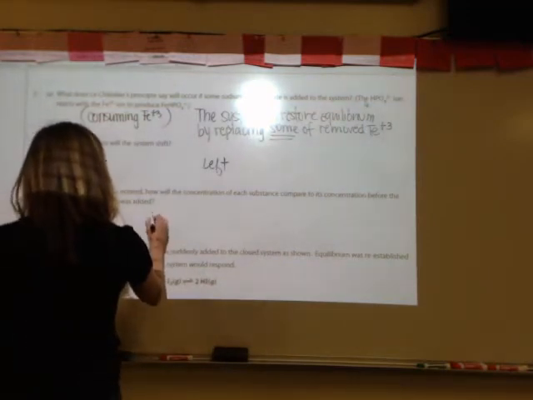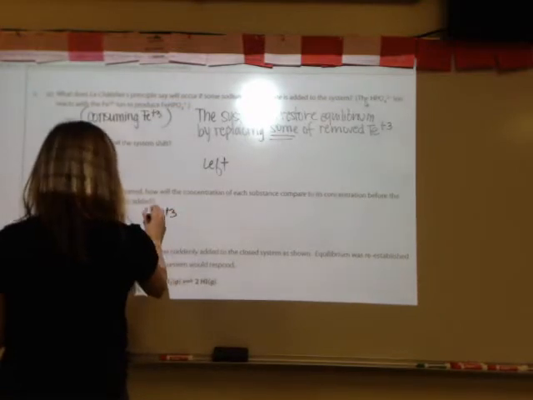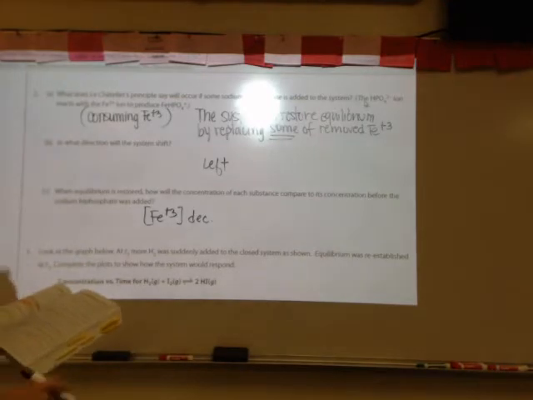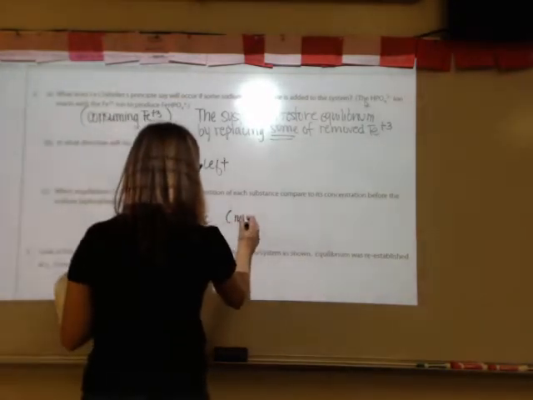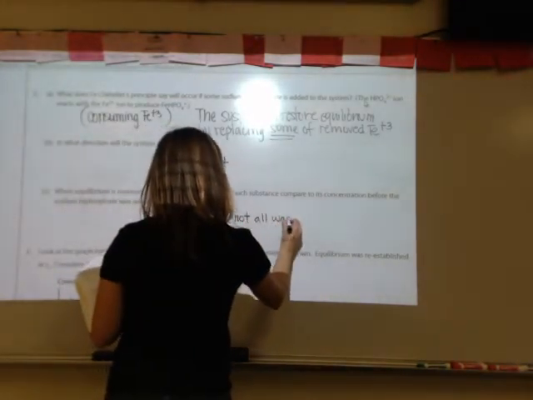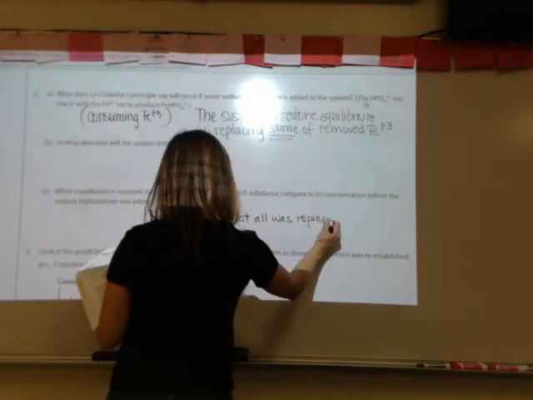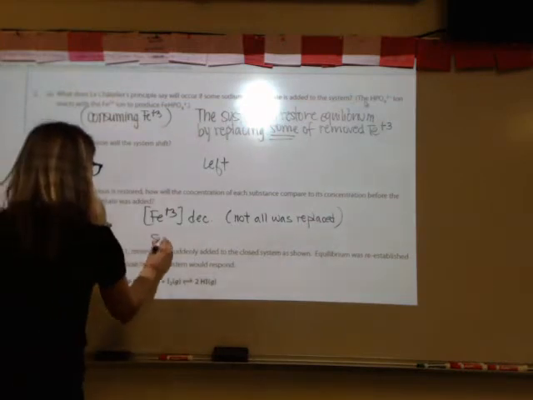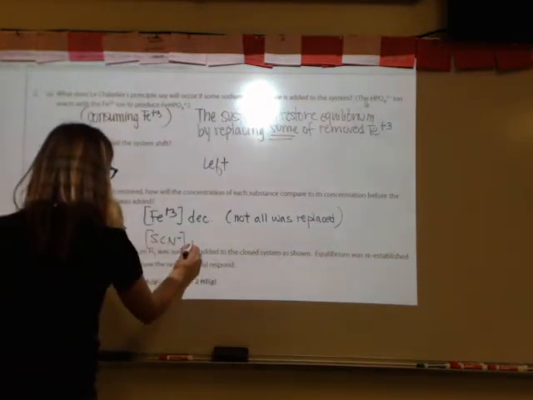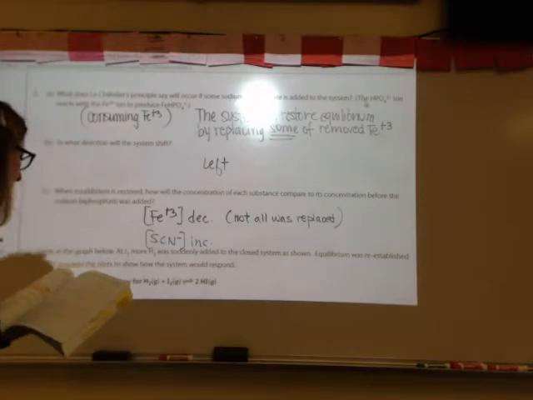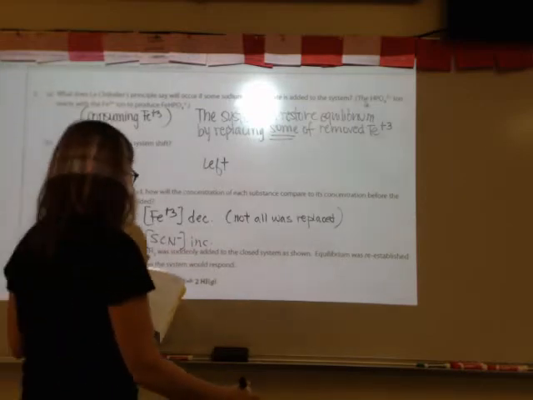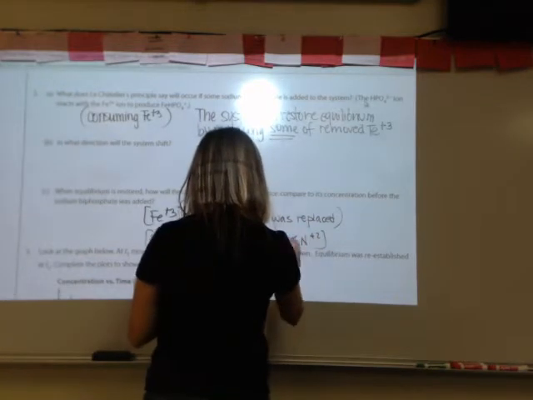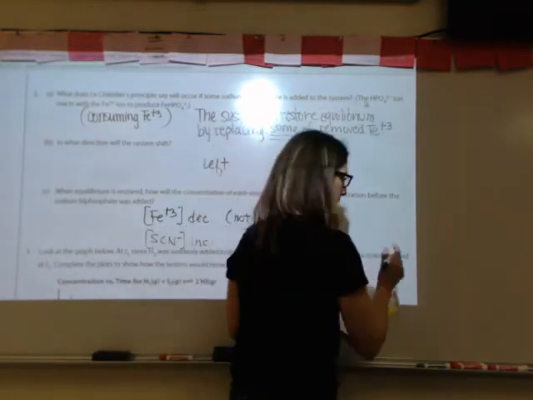So overall, the Fe+3 concentration decreased because not all of it was replaced. And then as I was shifting to the left, I was producing more SCN. So that increased. But since I shifted to the left, I was consuming the product. So the product concentration decreased.